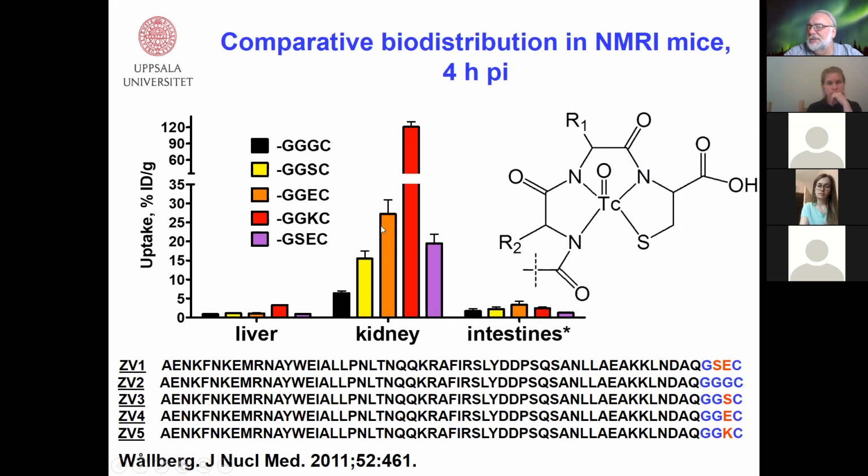Glutamate behaved decently, serine very decently. The best variant in this case was the 3-glycine variant, where low activity in intestines was associated also with low activity in kidney.